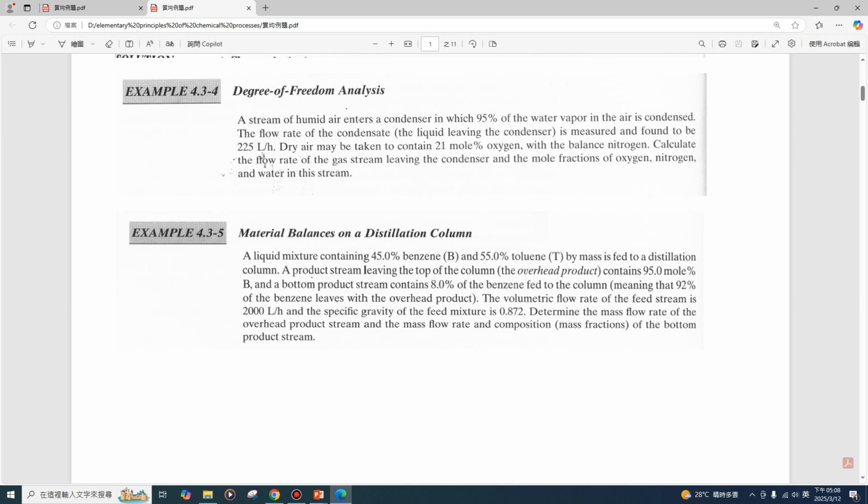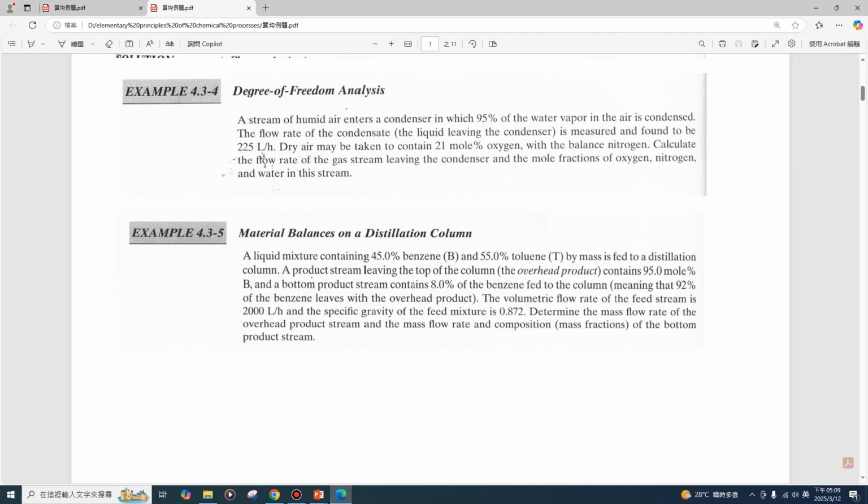The flow rate of the condensate, the condensate is the bottom stream, right? The liquid leaving the condenser is measured and found to be 225 liters per hour. So you realize this is measured by liter, or by volume. So you need to have a conversion factor to make it become mass, because input equal to output is always related to mass or mole. It's nothing to do with volume. Okay, so remember this.